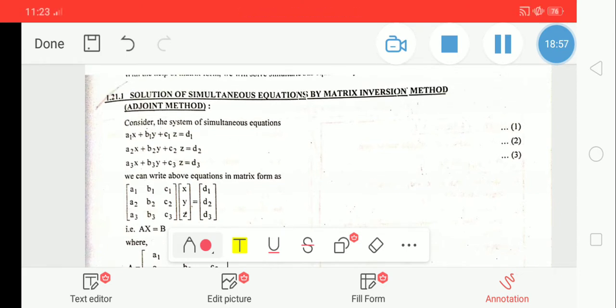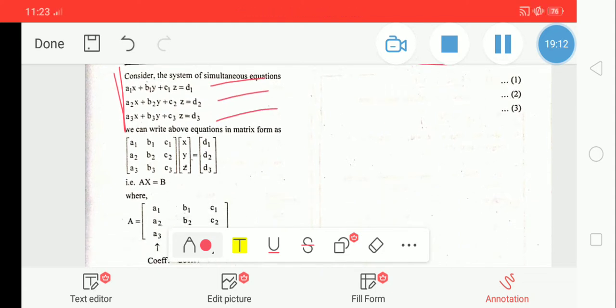Solution of simultaneous equations by the matrix inverse method, means the adjoint method. So these are given. The first 2 and 3 equations we write here as A, X and B. This is the coefficient of X, coefficient of Y, coefficient of Z. So X, Y and Z, and here the constants.